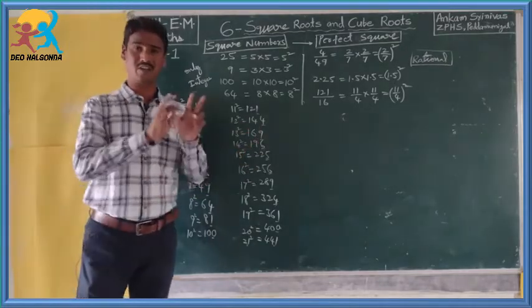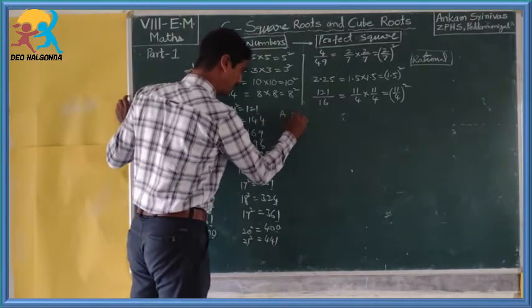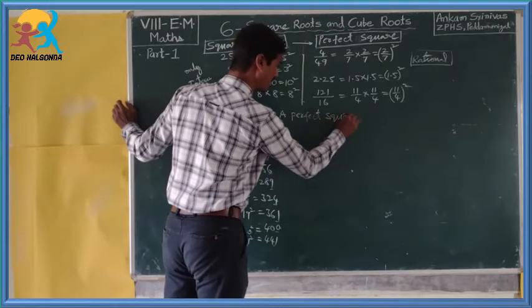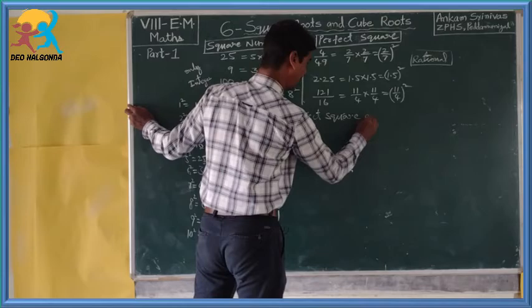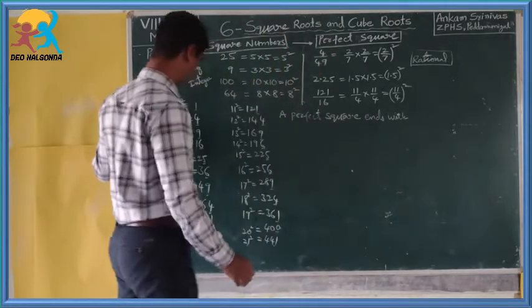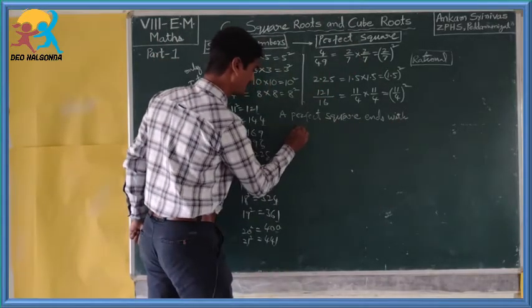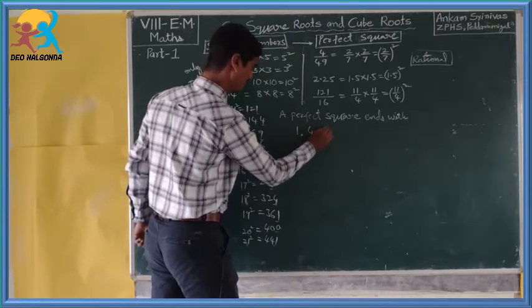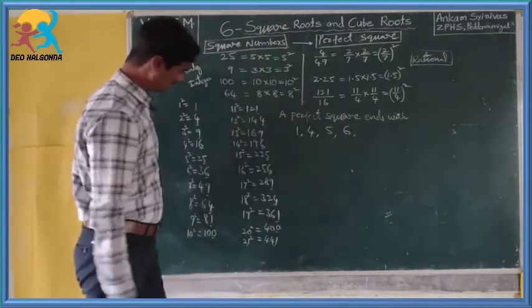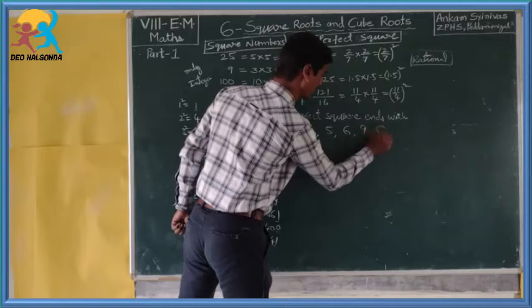Some digits are not repeating. A perfect square ends with 1, 4, 5, 6, 9 and 0.